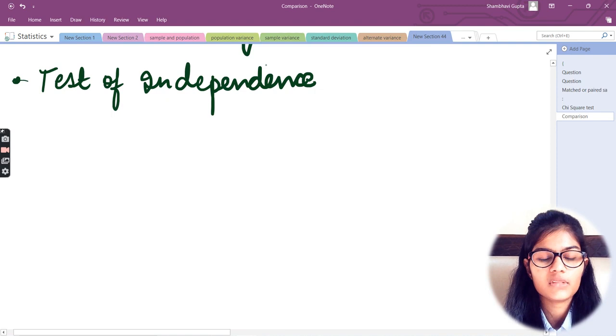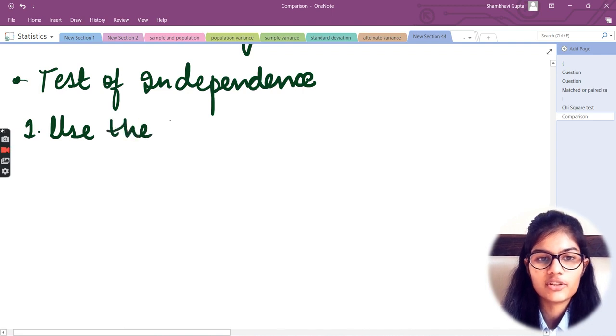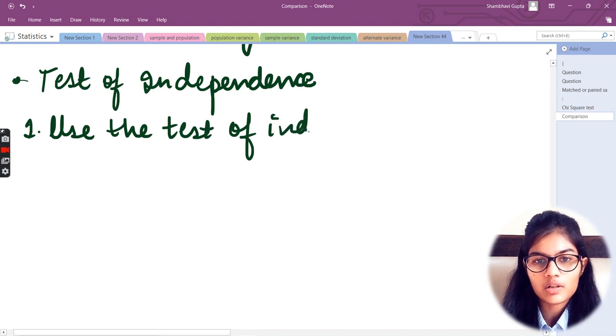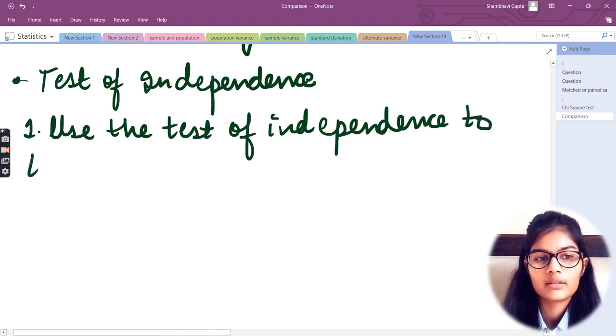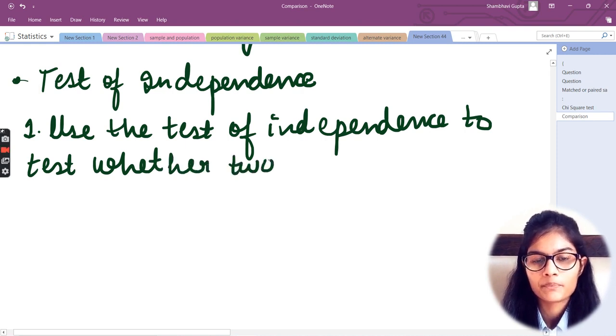The first point is: use the test of independence to test whether two factors are independent or not.